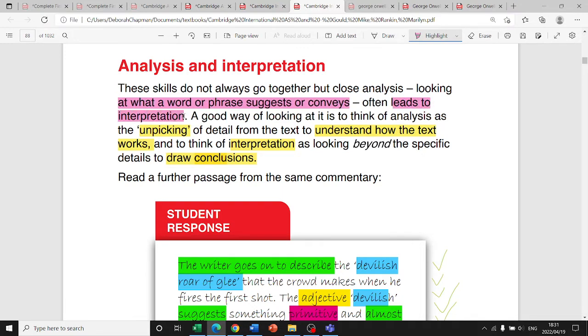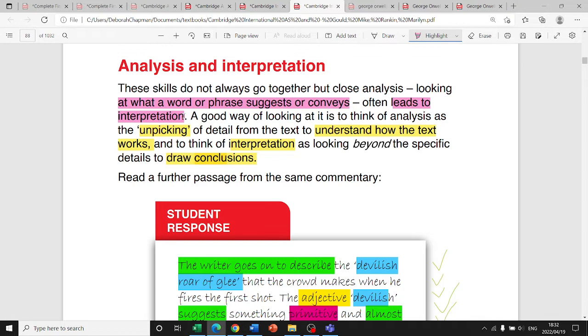So we identify through close analysis a word or a phrase, and we identify what it suggests, what it conveys, what image it creates, and through that we develop our interpretation.